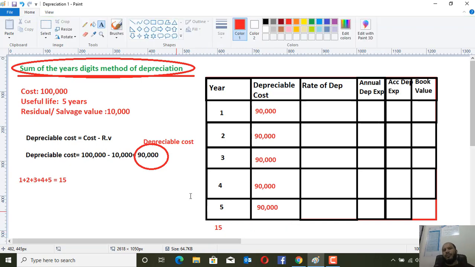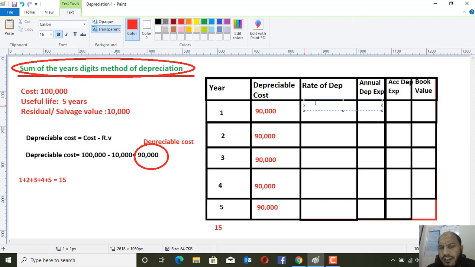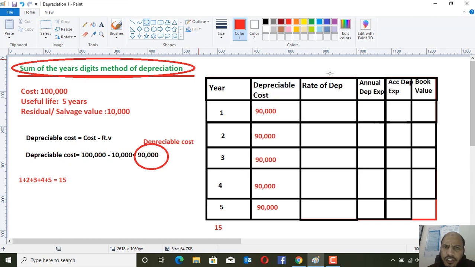This is the sum. Now dear students, to find the rate of depreciation, keep in mind how many years we have remaining. See, we are in year 1, so if we calculate it, year 1, 2, 3, 4 and 5, we have 5 remaining years.